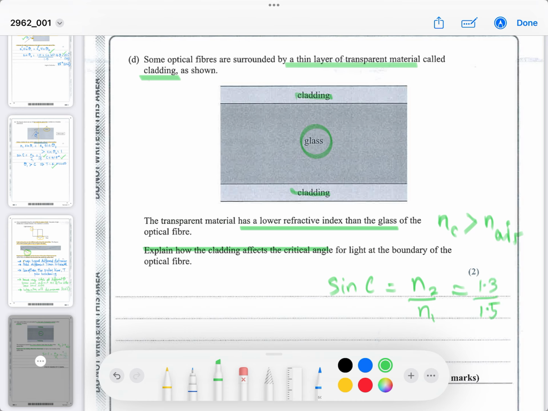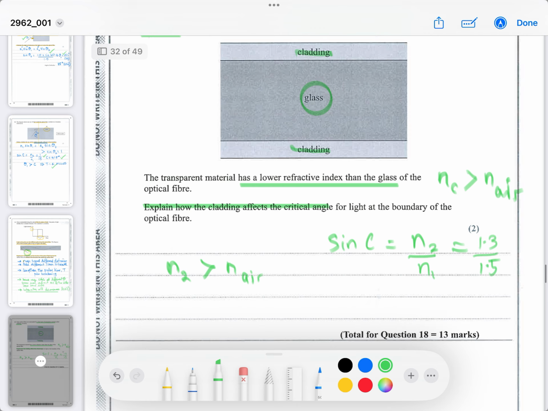Because N2 is now greater than N for air, sine C increases, and therefore the critical angle increases. Sine C is a bigger fraction, sorry. Sine C is increasing, yeah?